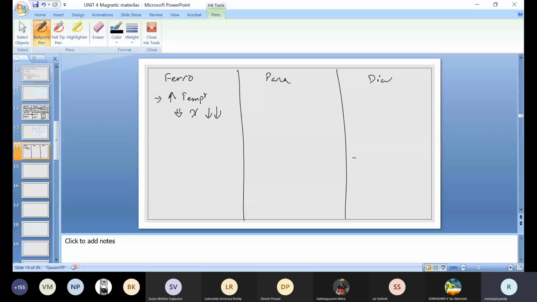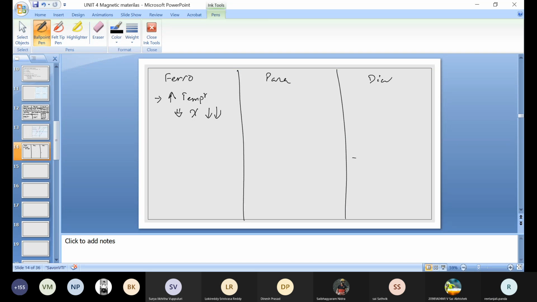The relationship between your B and H will decide how the psi value is going to change, and there will be a particular point where the susceptibility will become 0. Or we can say that there will be no effect of your magnetic field on the material. We will see, even if it is a ferromagnetic material, that particular temperature is called the Curie temperature.